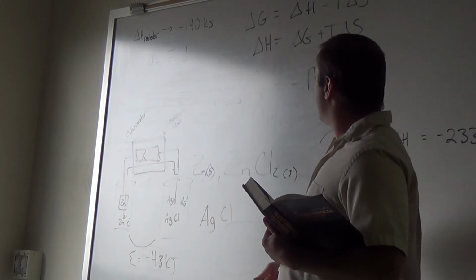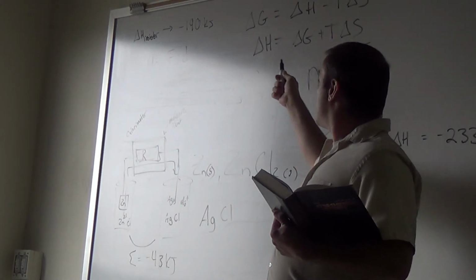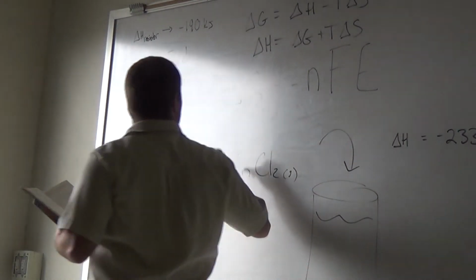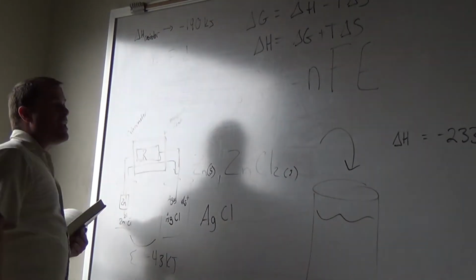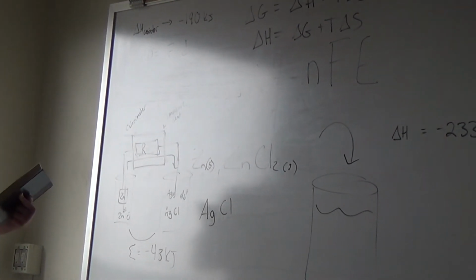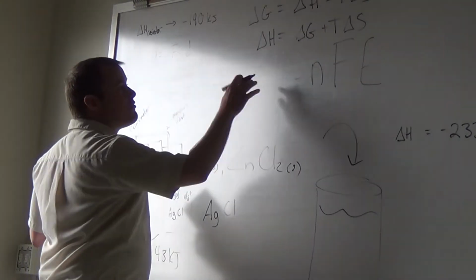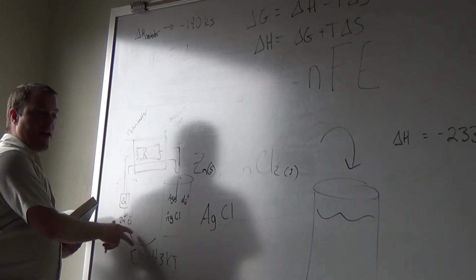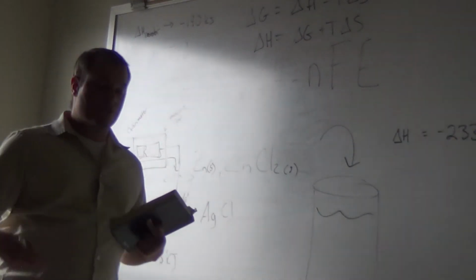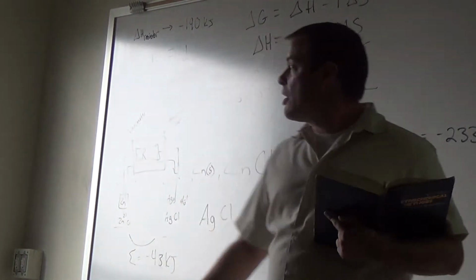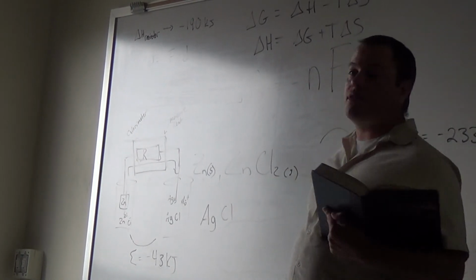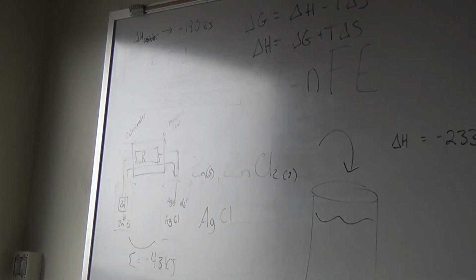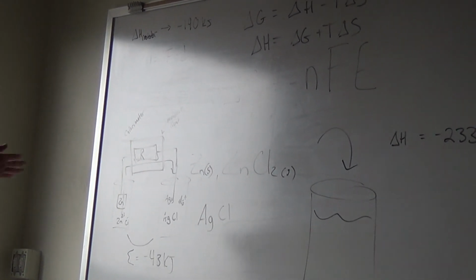What we're seeing is that our delta H, which is the total amount of heat released in this process, ends up being a function of two things: the entropy changes, which account for the heat that was released in those solutions, and the Gibbs free energy change, which is the amount of energy that, in this system, was expended as reversible work.